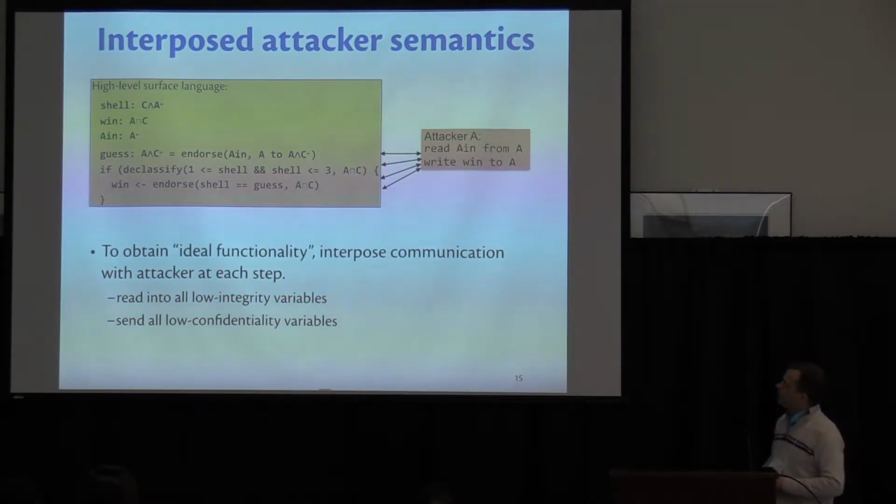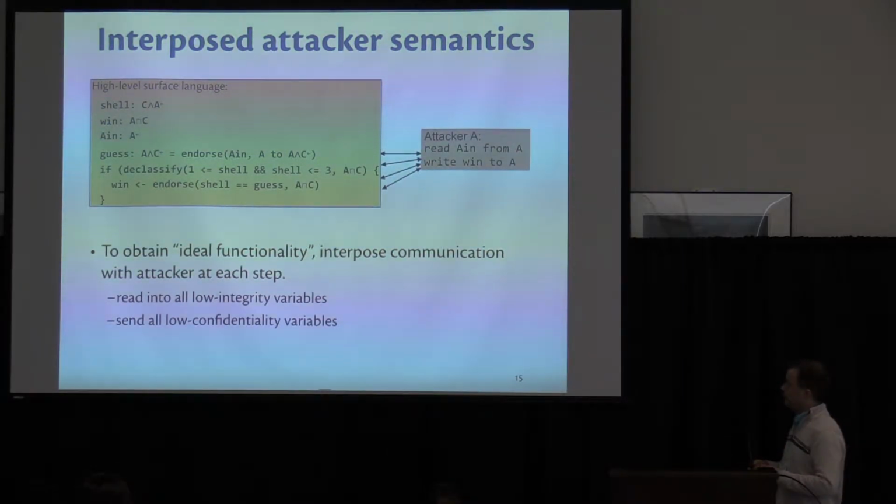So then the way that I like to think about this is that when you write down your program, like the program in the upper left, you think about it with respect to some adversary. So in this case, I'm thinking about the adversary being actually the player Alice. And in the information flow setting, we really want to be secure against all possible adversaries.